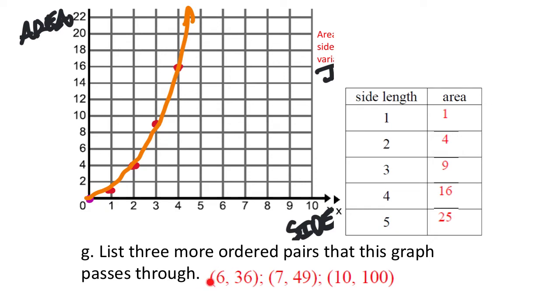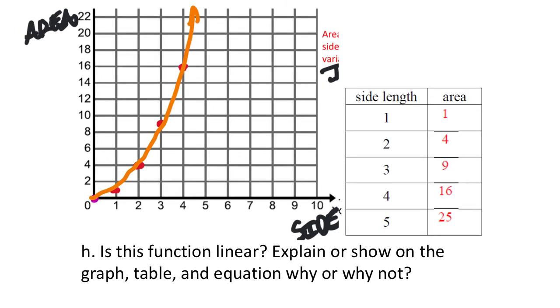Like if you had a side length of 6, 6 times 6 is 36, that's the area. If you had a side length of 7, 7 times 7 is 49. Or if you had a side length of 10, 10 times 10 is 100. So these would work. There's, of course, others that would work, like 8, 64, 9, 81, 11, 121, and so forth. But these are the three that we chose.